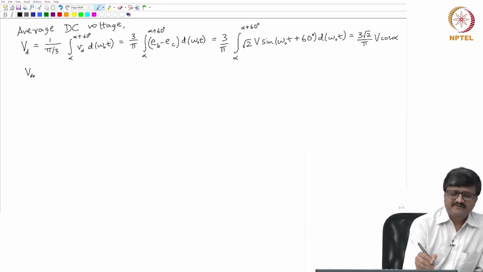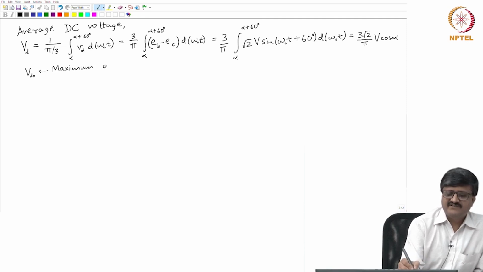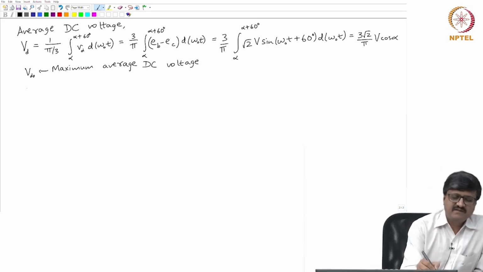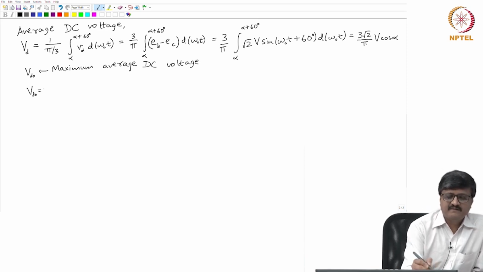So, we use this notation for the maximum average DC voltage.